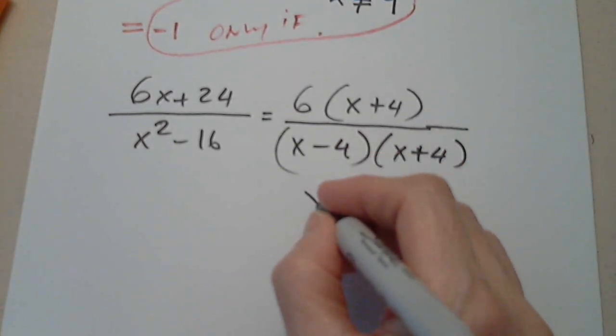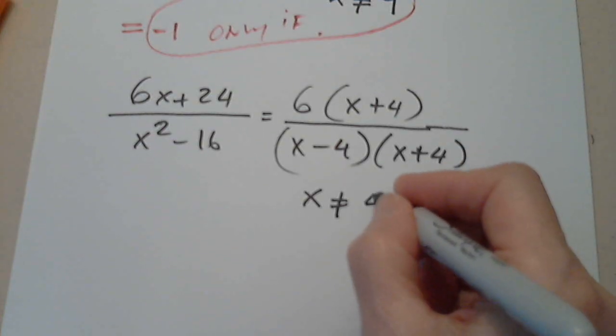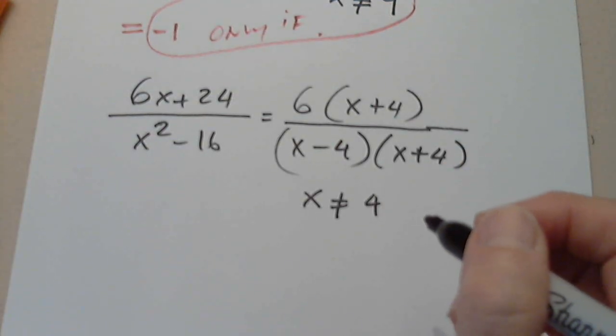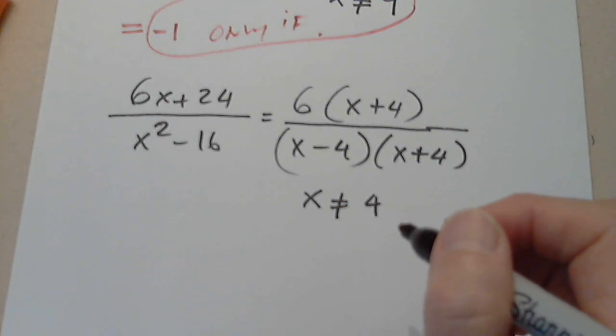Good. We have to state restrictions before we move on. We cannot touch anything before we state restrictions. What are the restrictions on the variable in this case? 4 and -4?